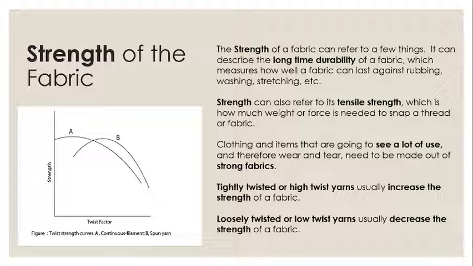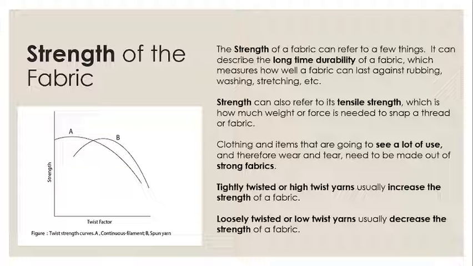Clothing and items that are going to see a lot of use, like clothing specifically made for different types of labor, like work clothes, even workout clothes, anything that's going to be rubbed, stretched, moved, might snag on different things, be pounded or pulled by different things.